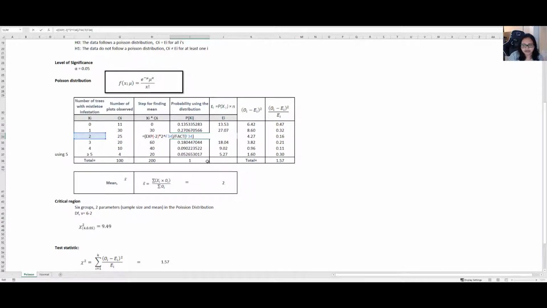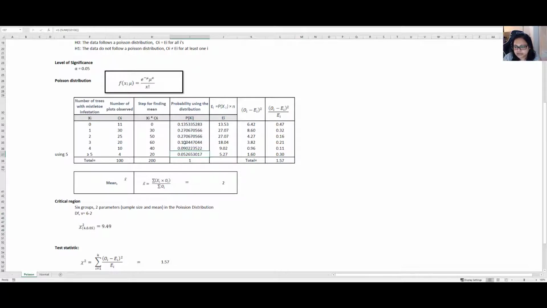So you can use your calculator. And then for the last one, I said I'm going to use 1 minus the sum of the previous ones, because if you add all the probabilities, they should add up to 1, but it's not going to add up to 1 if we are not using the 1 minus the sum of the previous ones.